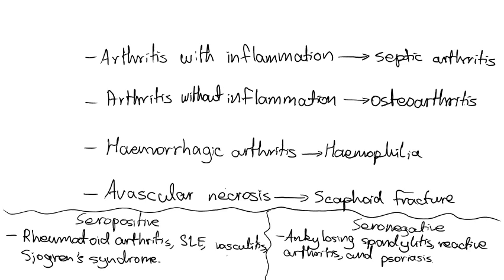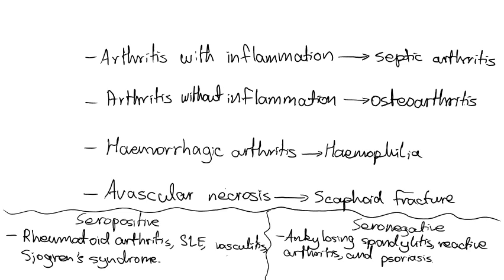So to quickly recap, arthritic conditions can be classified in 4 main categories. Firstly, arthritis with inflammation, arthritis without inflammation, hemorrhagic arthritis, or avascular necrosis. 2 other classifications include either seropositive or seronegative inflammatory conditions.